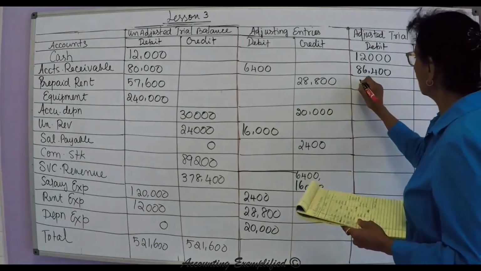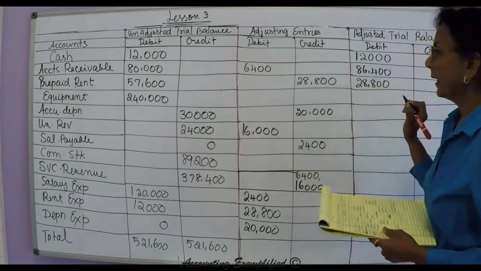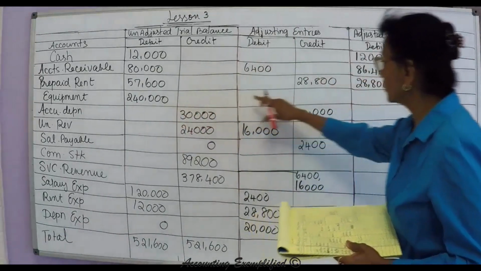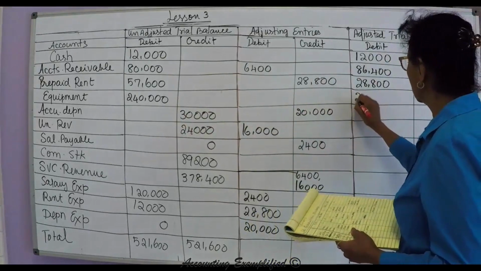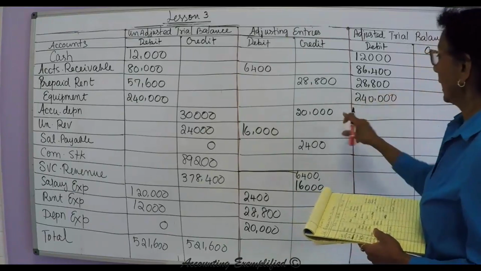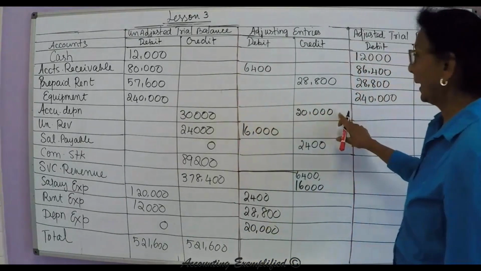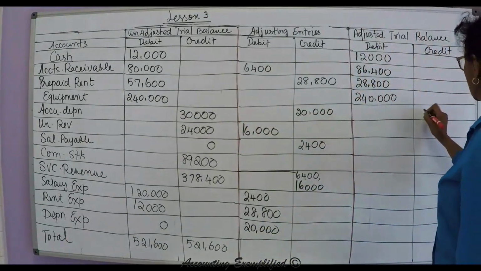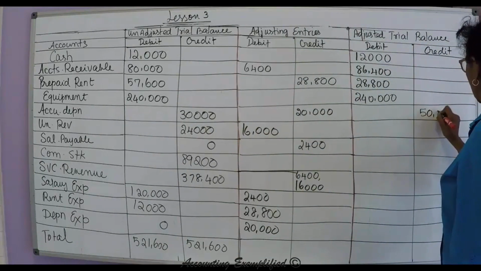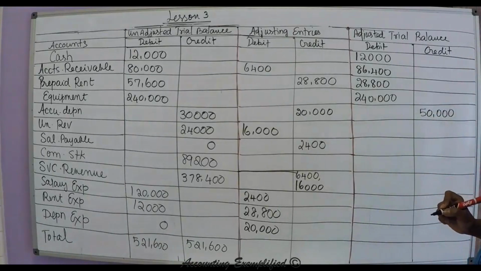Therefore the new balance will be 28,800. Now comes the equipment. There is no change in the adjustment. So that stays at 240,000. Accumulated depreciation started with 30,000 and we added another 20,000. So the adjusted balance for accumulated depreciation will be 50,000.